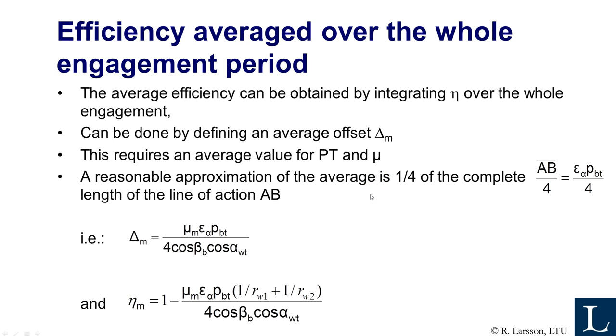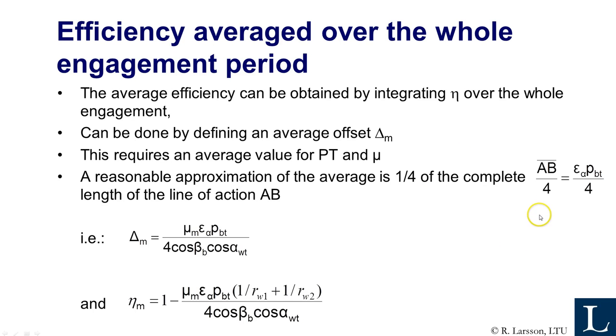In literature, you can find that it's a reasonable approximation to take 1/4 of the complete length of the line of action from where engagement starts at A and ends at B, and in the middle between the first engagement and the pitch point, it's a reasonable average or representative position for the PT.